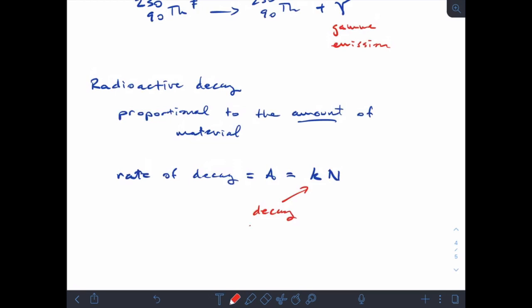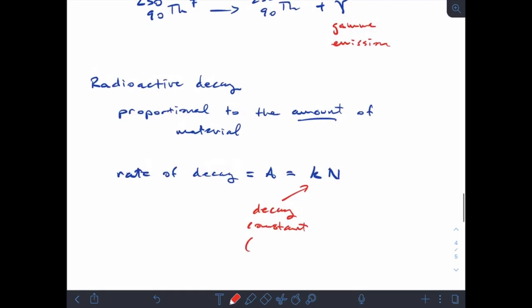This is our decay constant, and it'll be in units of time, so it'll be time to the -1. That could be seconds, minutes, days, years, just depends on the scenario. And N is the amount of material.